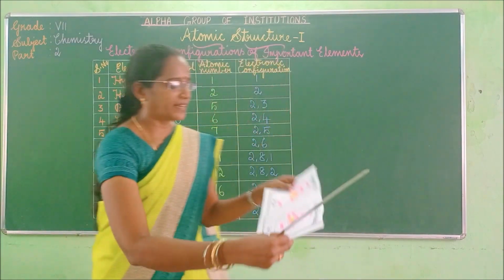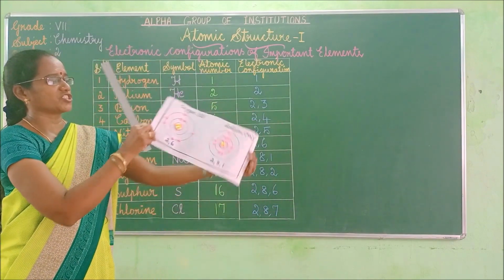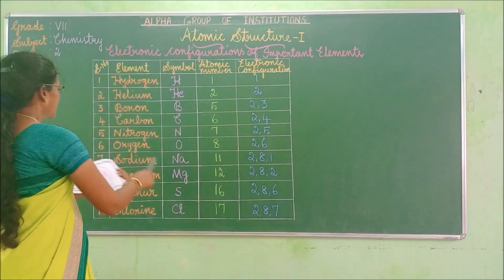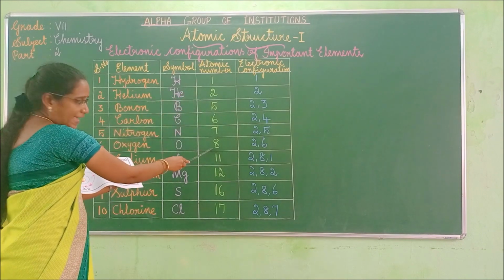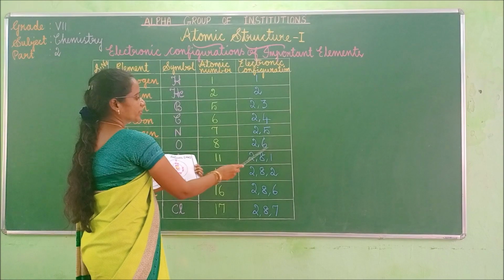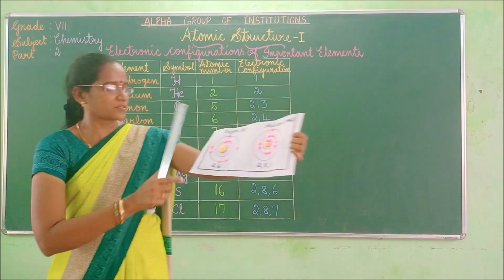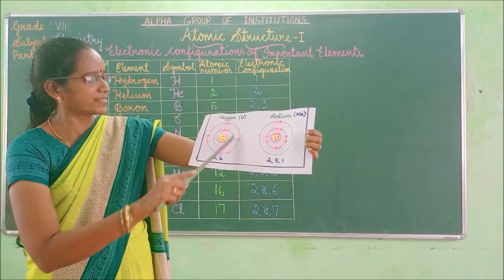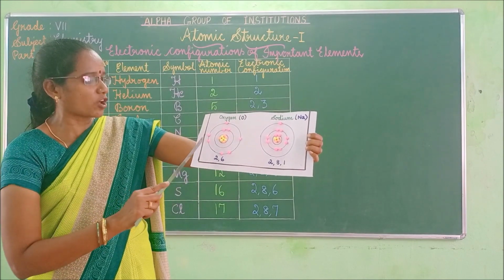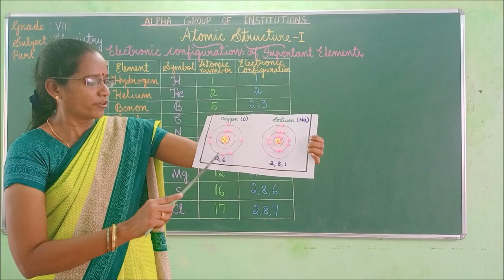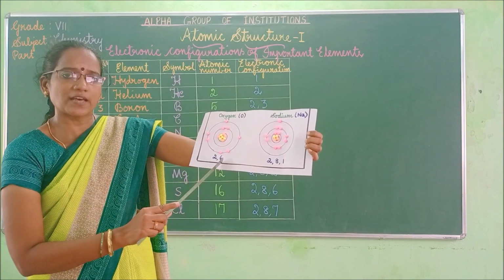Next one, let me see the oxygen element. Oxygen, the symbol is O. Its atomic number is 8 and its electronic configuration is 2, 6. This is the first orbit, 2 electrons are present, and in the outermost orbit 2, 3, 4, 5, 6, 6 electrons are present.